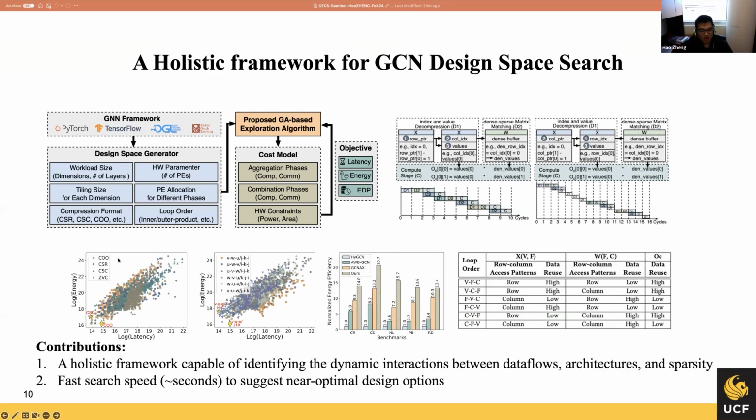And the framework can also generalize and find some optimal solutions, for example, the data flow and the compression formats. So the framework can deliver orders of magnitude performance and energy efficiency improvement as compared to existing accelerator designs.